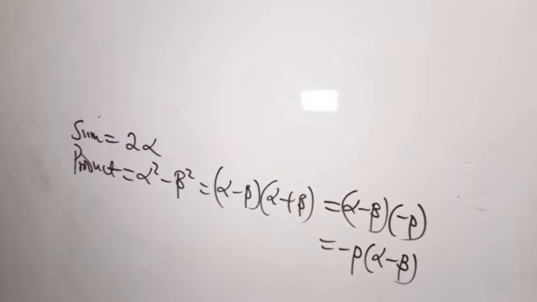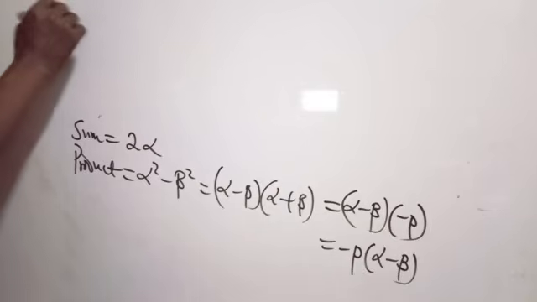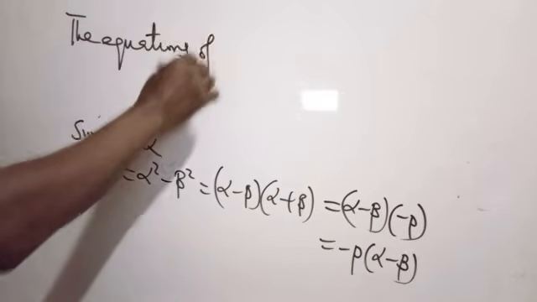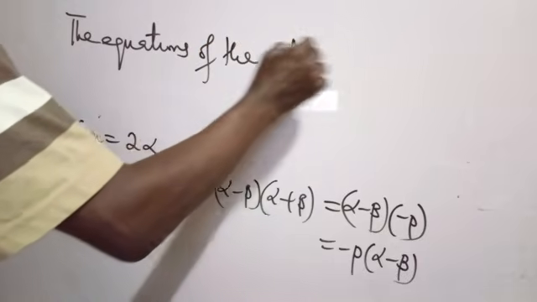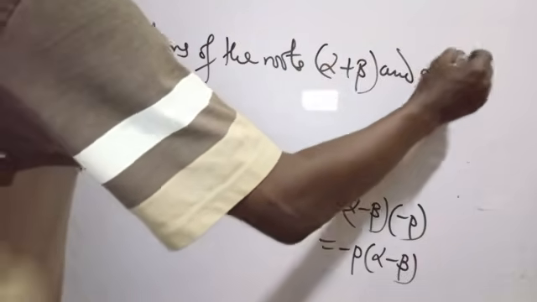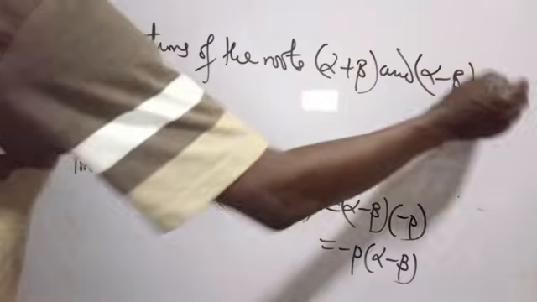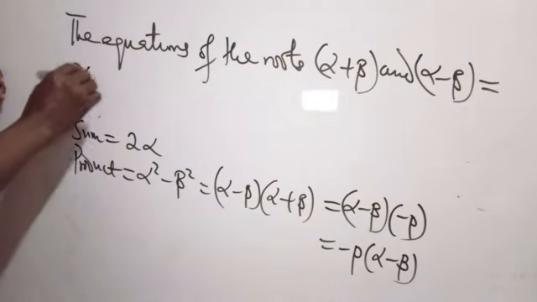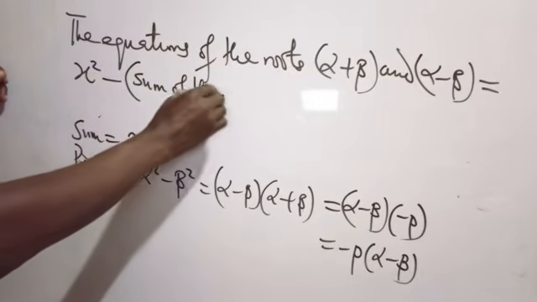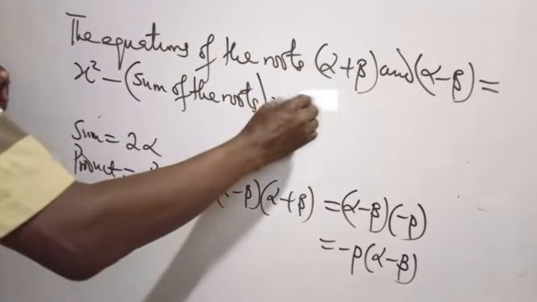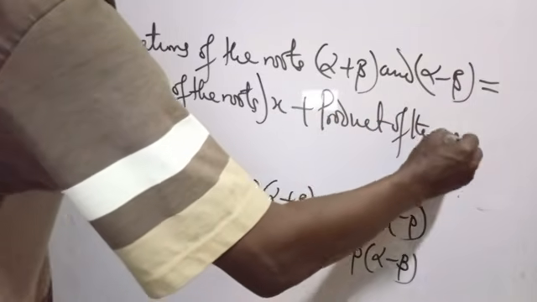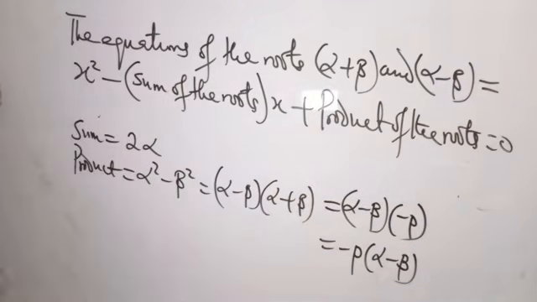Now, to form the equation of the roots alpha plus beta and alpha minus beta, it will be x squared minus the sum of the roots multiplied by x plus the product of the roots equals 0.